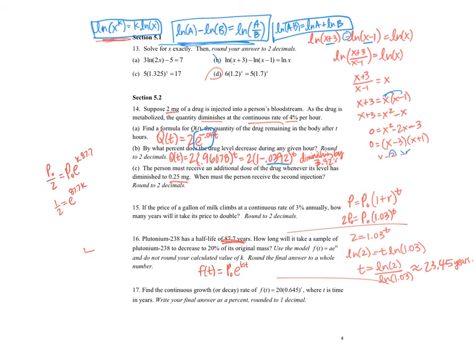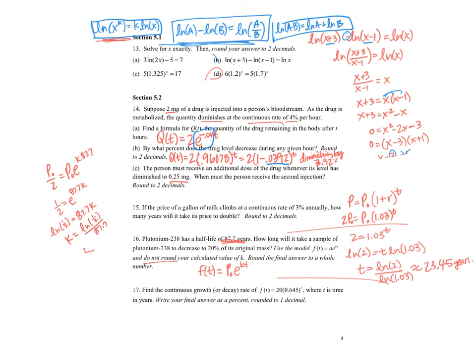Then I can take the natural log of both sides, which equals 87.7 times k, and I can divide by 87.7. And so I'm getting that k is equal to natural log of 1/2 divided by 87.7. We're just going to leave the k like that because it says do not round your calculated value of k. Okay, so there we go.